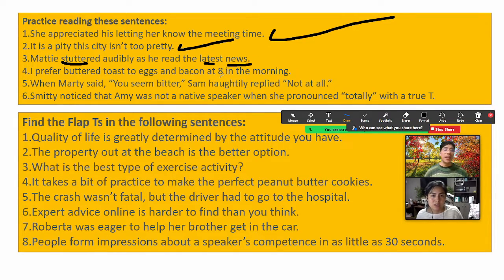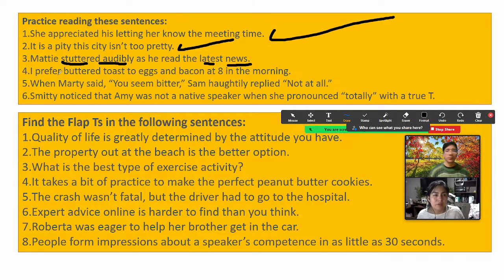Remember that in American English we pronounce news one way, but in British English we say it differently. Newspaper. Started audibly as he read the latest news. Then we have audibly, because this is not audible, we say audibly.